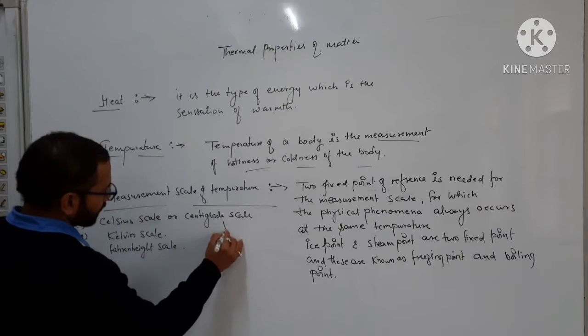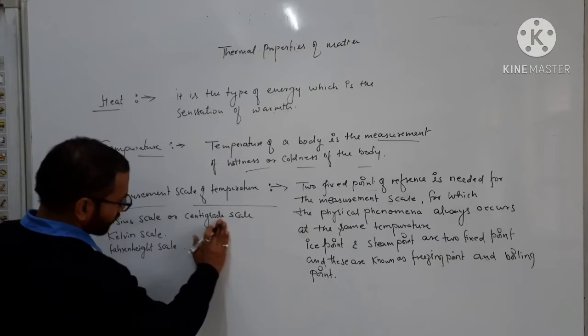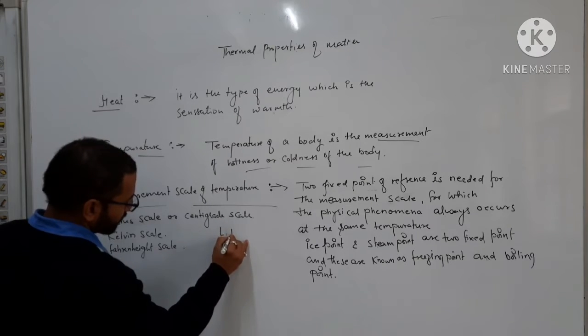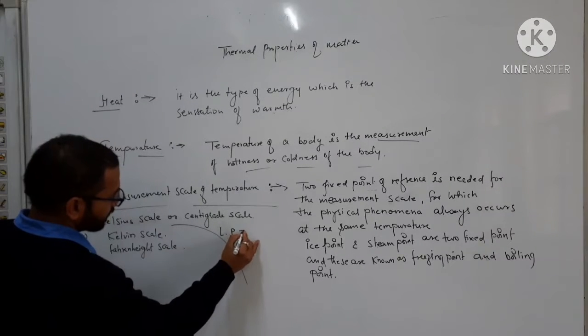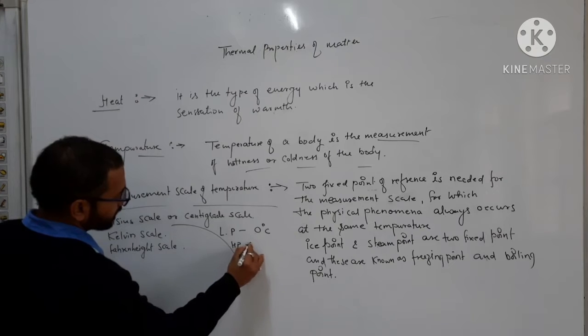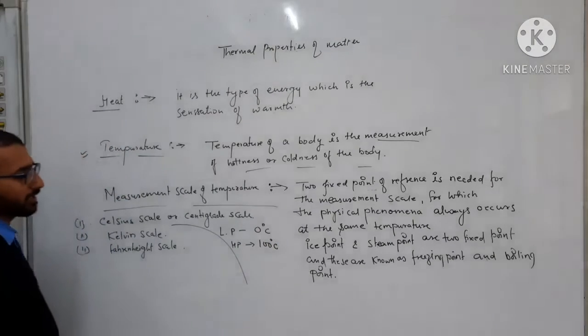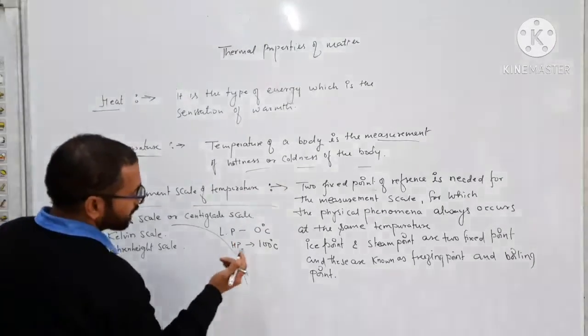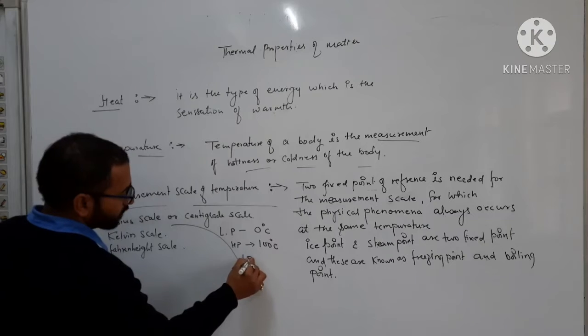I am writing here in short. In case of the Celsius scale, the lowest point is 0 degree Celsius, and the highest point is 100 degree Celsius, which are the freezing point and boiling point, and in between there are 100 equal parts.